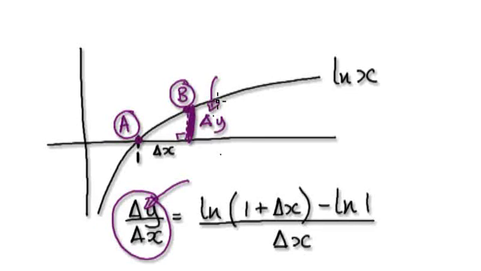Delta means a small change. In our case here, it means a small change in y, and delta x means a small change in x.